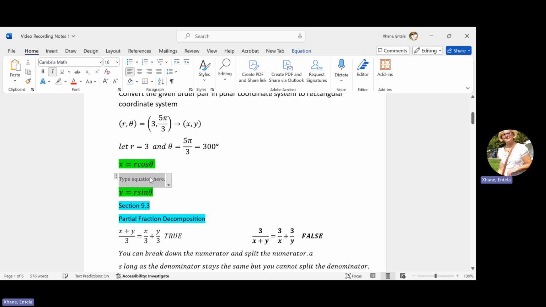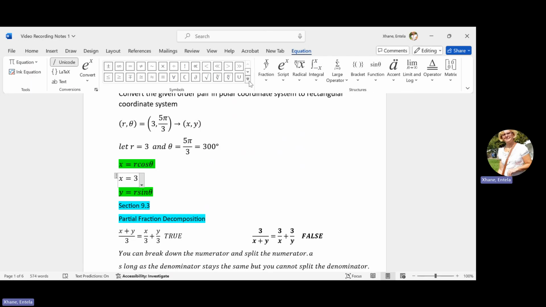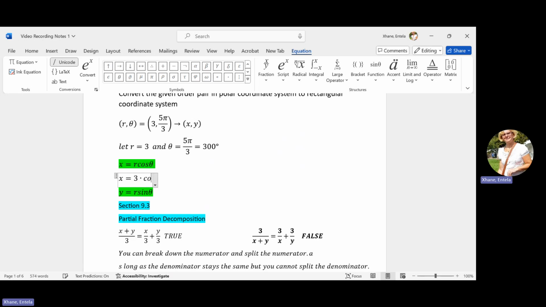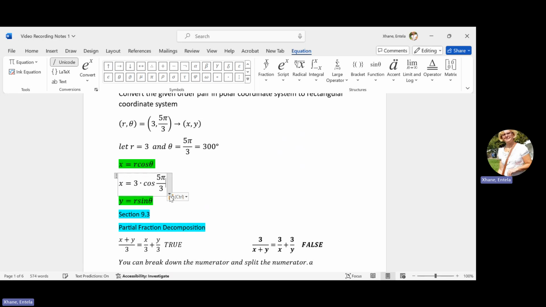So the coordinate x equals r, which is 3, multiplied by cosine of 5 pi over 3. Now this is where we need the unit circle. In the unit circle, the angle is 300.